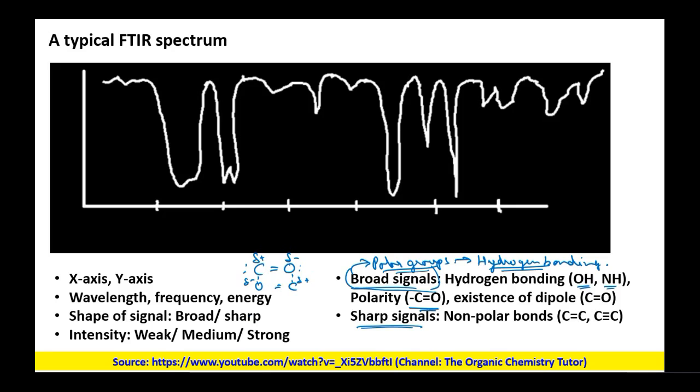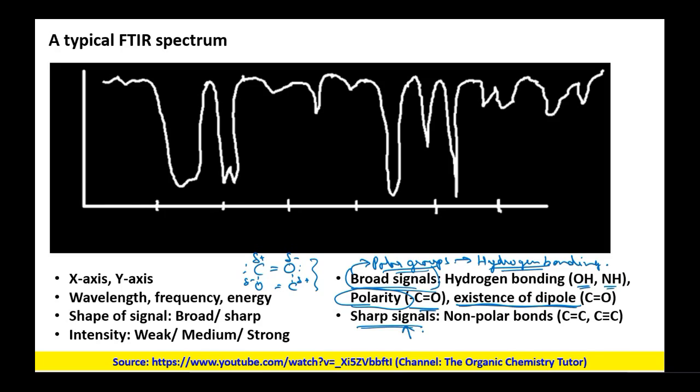Since the CO group has a dipole moment, which is mainly exhibited by many of the hydrophilic compounds, it is usually a polar group, and since there is a dipole, which results in a weak interaction within these functional groups, they show a broad peak.